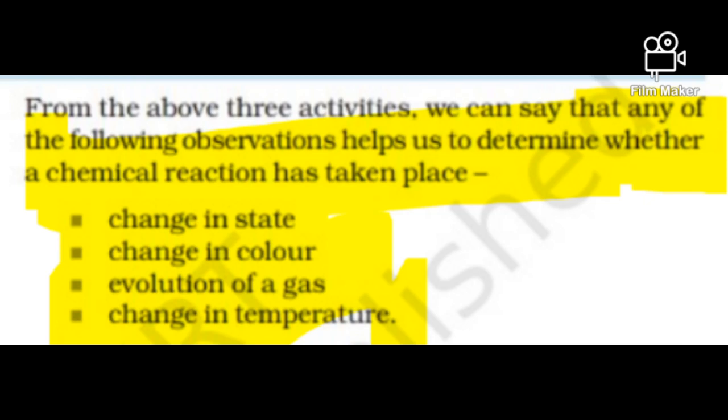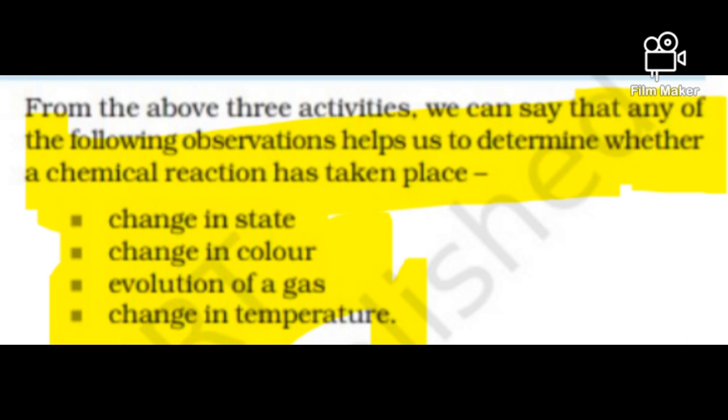So we see certain changes that take place during a reaction or during formation of a new product or during a chemical change. Either there is a change in the state of the substance or in the color, or we can observe the evolution of gas, or change in temperature is also observed. These things were a bit confusing for you.